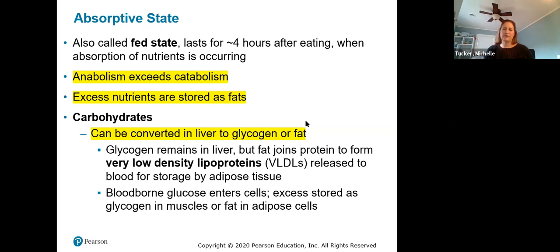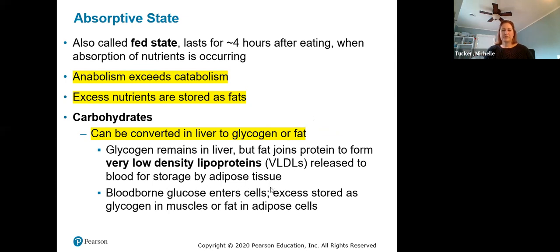And then if things are in excess, we'll form fat. Liver glycogen remains in the liver, but fat joins protein to form very low density lipoproteins. We'll be talking about lipoproteins in the next section when we get to the liver.